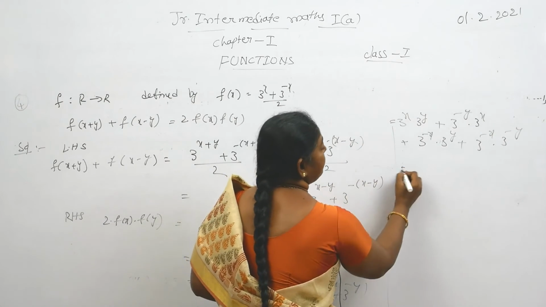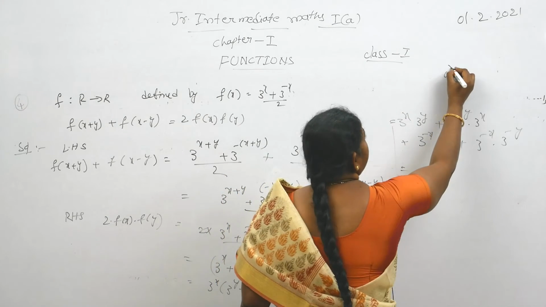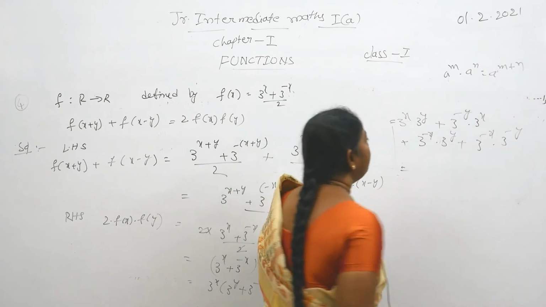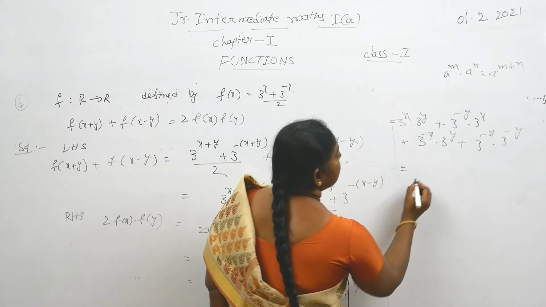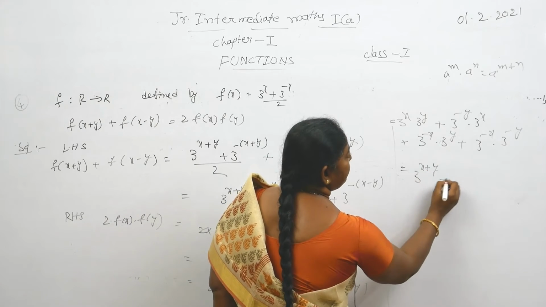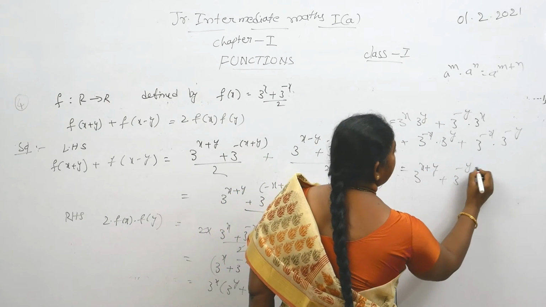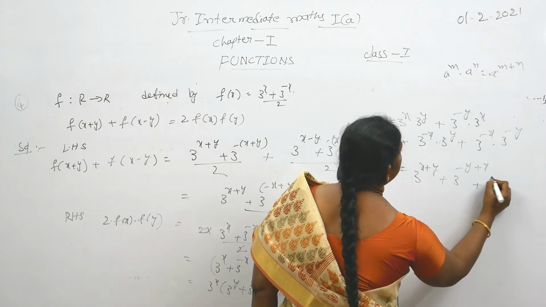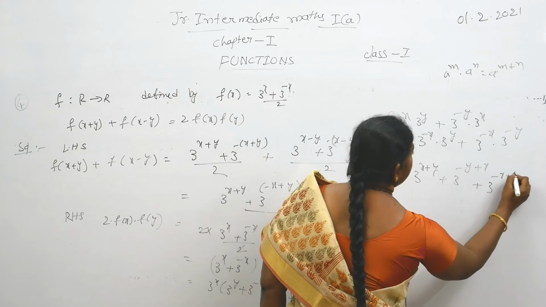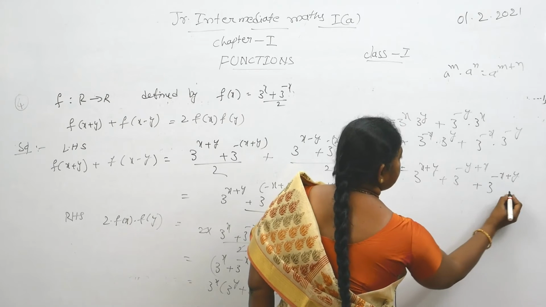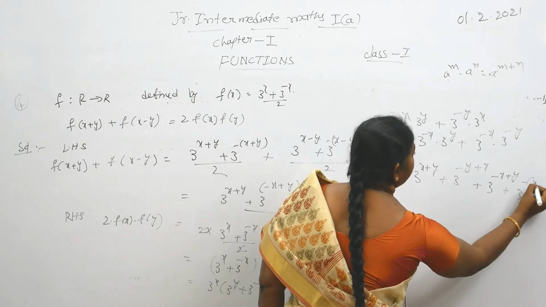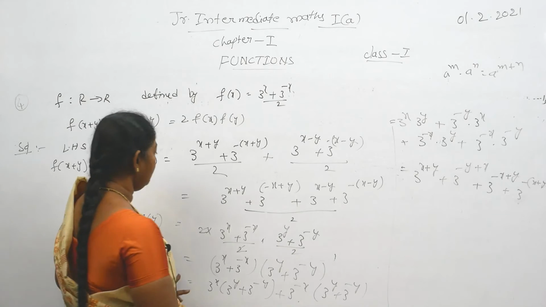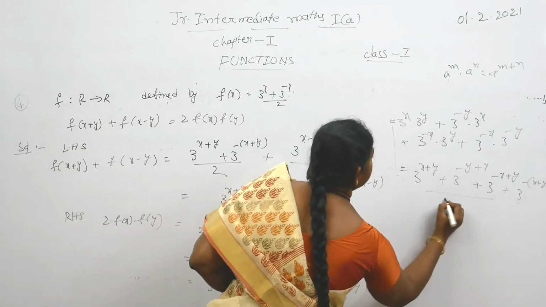So here we know a power m into a power n equal to a power m plus n. By using this condition, 3 power x plus y plus 3 power x minus y plus 3 power minus x plus y plus 3 power minus of x plus y, all by 2.